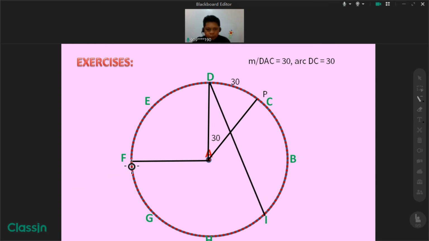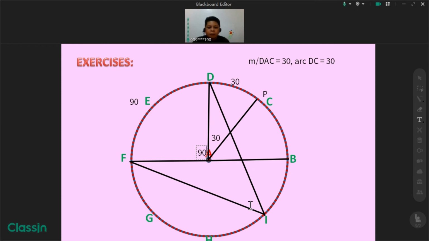If the measure of arc FD is 90 degrees, then what is the measure of this angle, angle FAD? It is also 90 degrees.